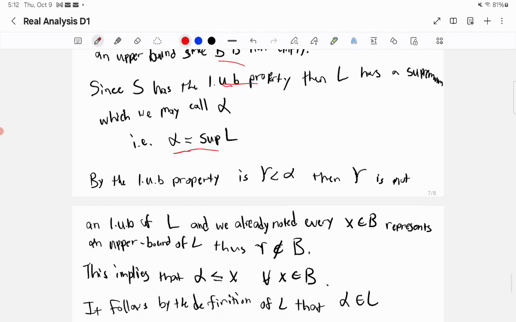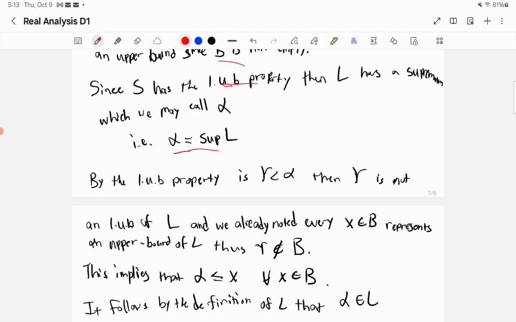So by the least upper bound property, we know that if gamma is less than alpha, so if we have some number that's less than alpha, then gamma cannot be a least upper bound, right? Because alpha is the least upper bound. So anything smaller than it is not an upper bound.